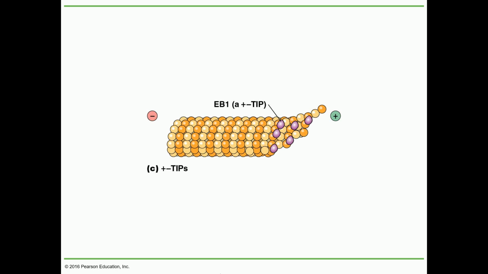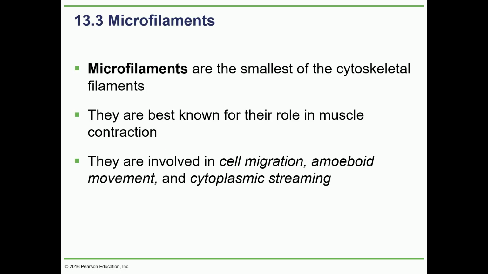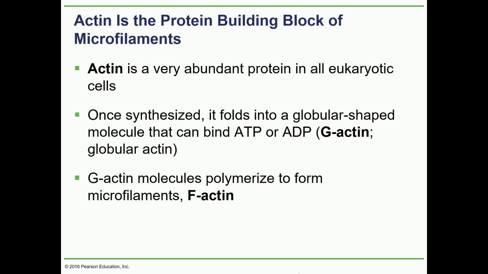The next cytoskeleton element, the filament we are going to discuss, is the microfilament, and they are the smallest of the cytoskeleton filaments. The basic role is in muscle contraction, cytoplasmic streaming, amoeboid movements, and cell migration. They are made of a protein called actin.